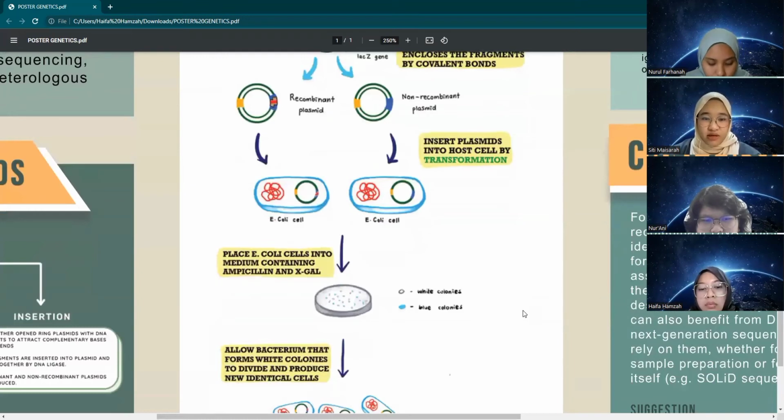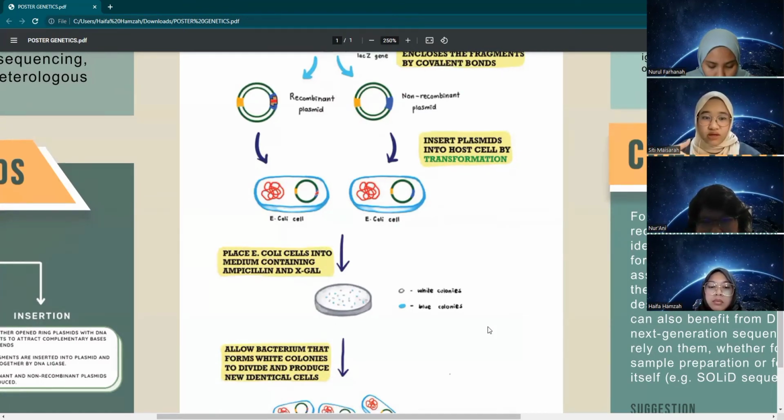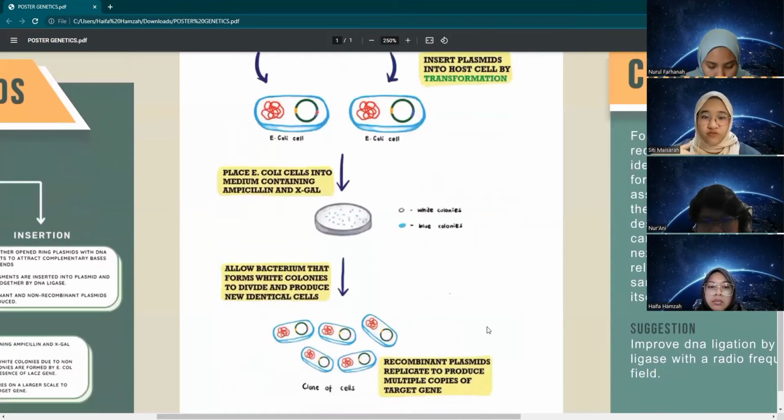This results in the formation of two types of colonies, white colonies and blue colonies. E. coli with the recombinant plasmids will form the white colonies due to antibiotic resistance, like I said in the explanation just now. The cells that contain the non-recombinant plasmid will form blue colonies because they break down the sugar into a blue compound.